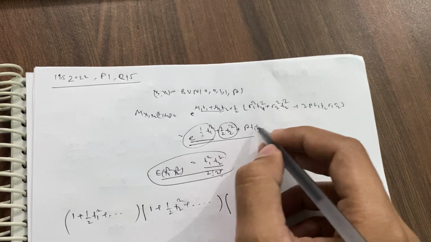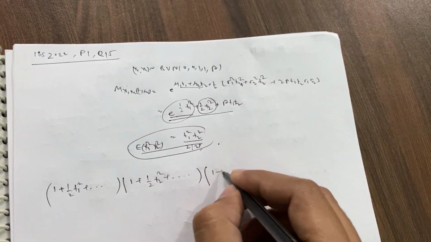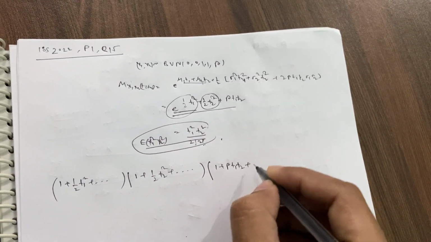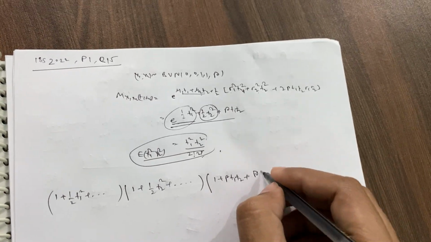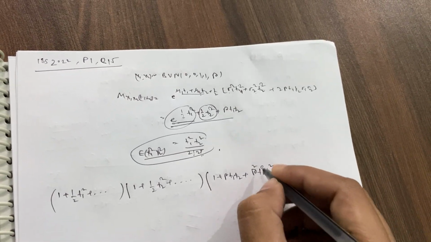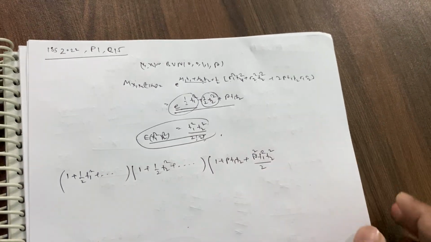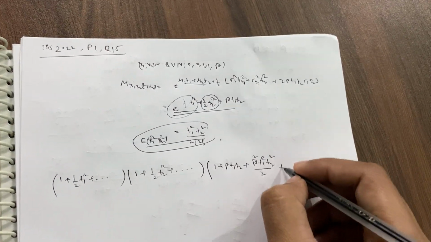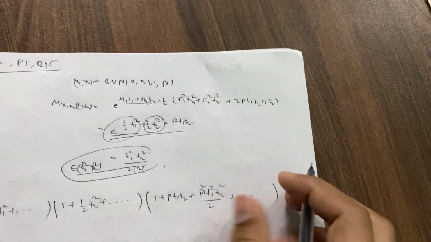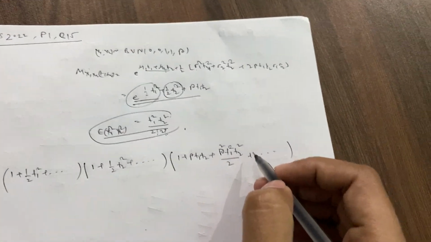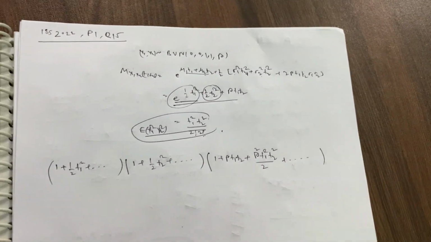Similarly, expand e to the power of rho t1 t2: this becomes 1 plus rho t1 t2, and we need the next term, because it will contain t1 square t2 square divided by 2 factorial, which is 2. We do not need the longer terms, because t1 cube and t2 cube we do not need.